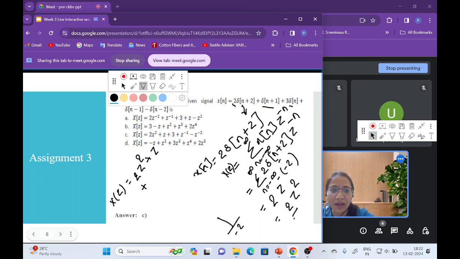That means at n equal to 0 the value will be 1, so only the constant 3, plus this is at n equal to 1, the value will be 1, so this becomes z to the power minus 1, minus, there is a minus sign, so this is minus z to the power minus 2. So what will be the correct answer for this? Just match this with the options. The answer is C. C is the correct answer for this question. Okay.